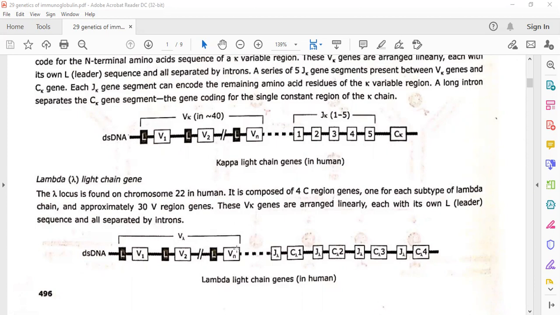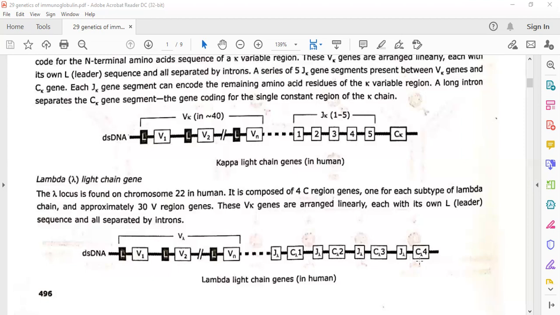And J region genes are also there, J1, J2, J3, J4, and then it will continue with the constant region 1, constant region 2, constant region 3, constant region 4 genes.